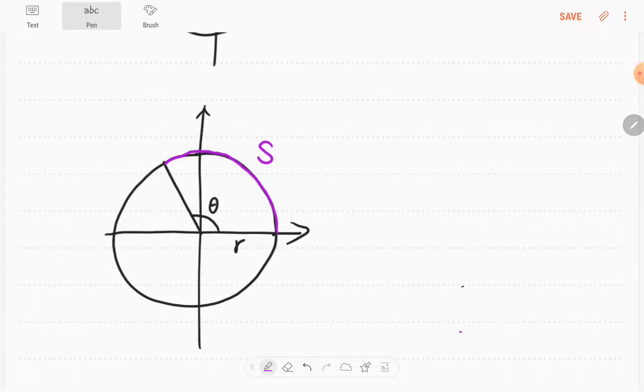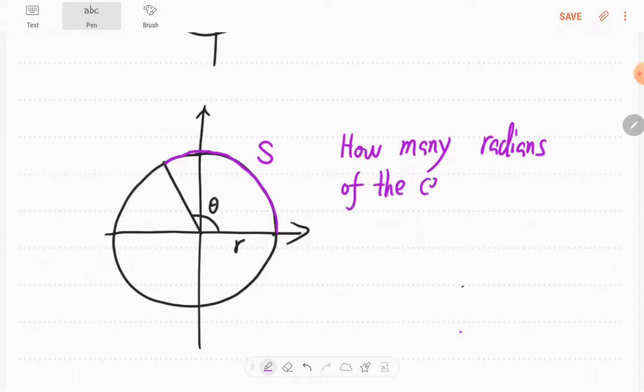How many radians is the central angle theta?